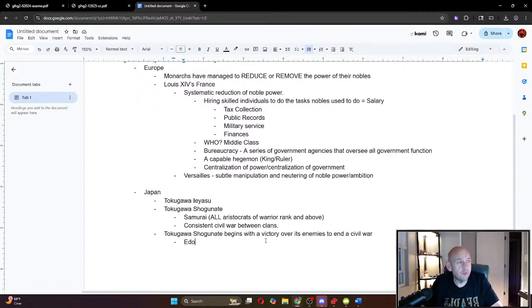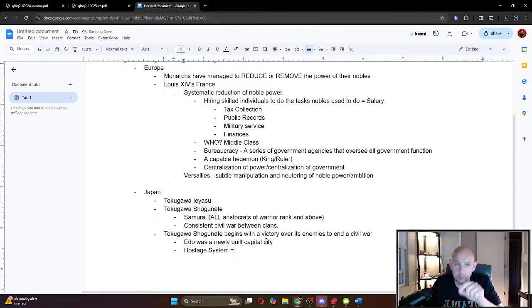And Edo was his capital. It was a newly built capital city. So while it wasn't exactly a massive palace like Versailles, nevertheless, it was a brand new capital city. Similar to Versailles, although the methodology is a little bit different, Tokugawa had a hostage system. Now, his hostage system was rather clever.